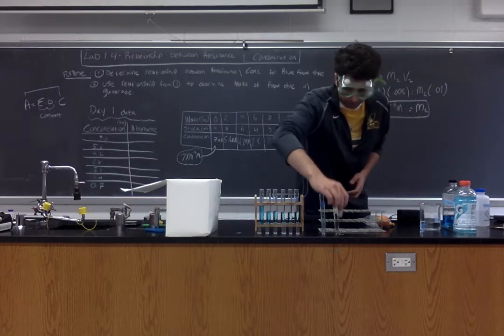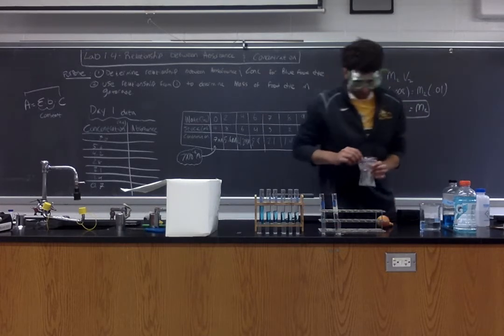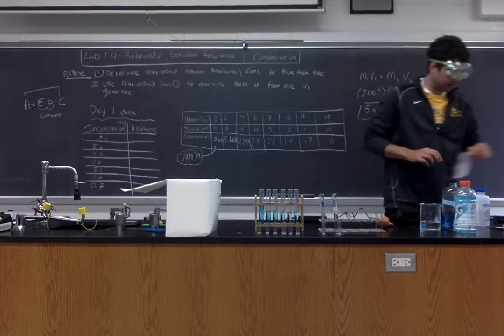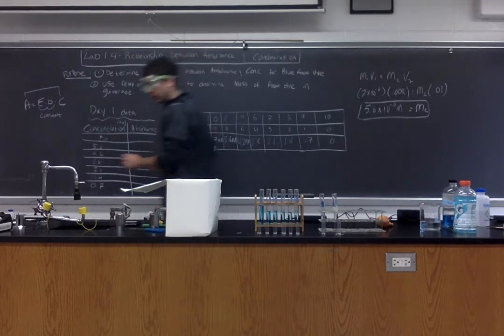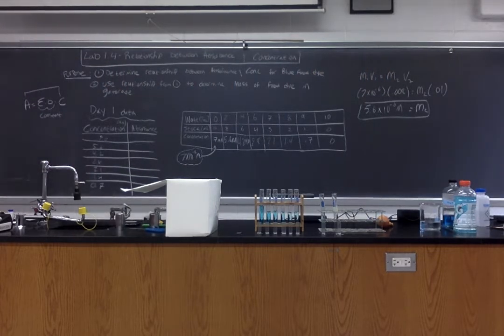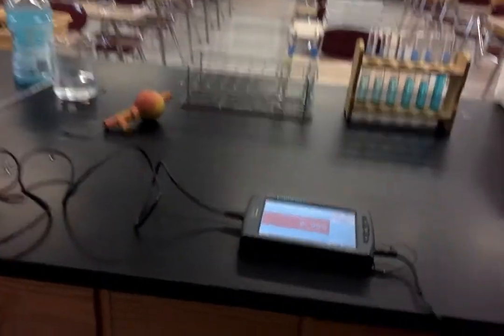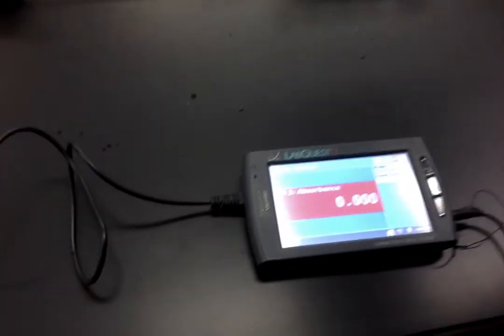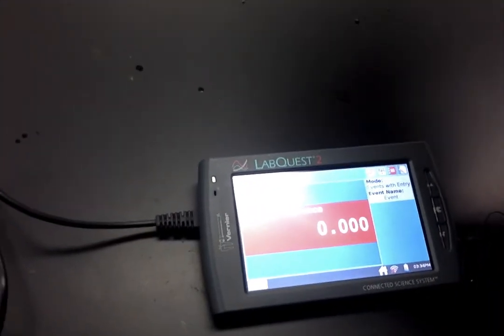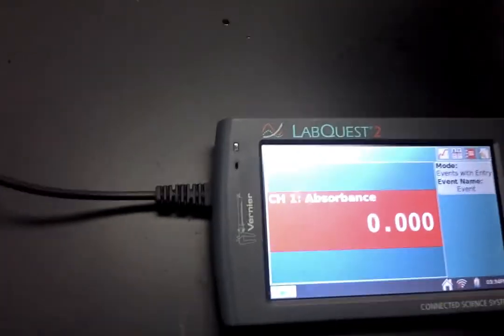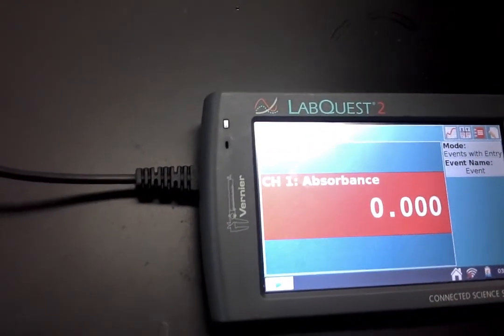So, to start out, let me show you what this is going to look like. Okay, moving on over to this area. So you can see here, maybe not all that well, but this is what is going to be reading our absorbance.